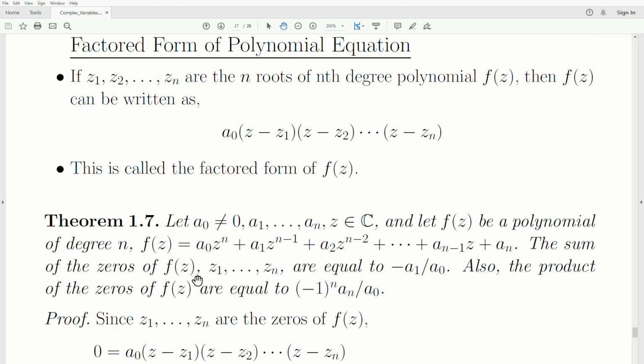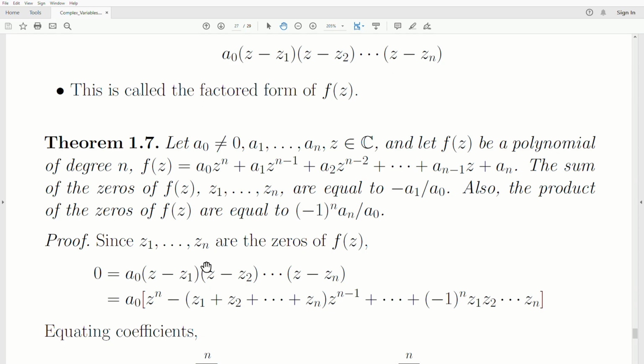The sum of the zeros of the polynomial, z1 through zn, is equal to minus a1 divided by a0, the coefficients of this polynomial. Also, the product of the zeros is equal to minus 1 raised to the nth power times an divided by a0. Now let's prove that.